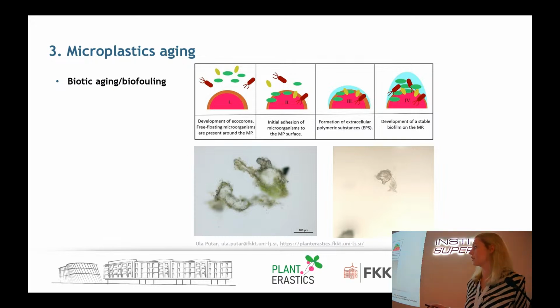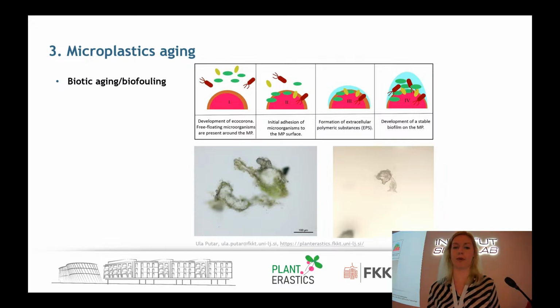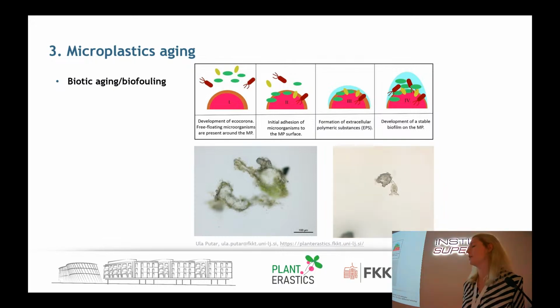and in the end you get a quite stable biofilm. Here you can see a picture from the optical microscope. We have a very irregularly shaped, I think this was polyethylene, particle, and then a lot of microorganisms attaching on the surface. Here in green, these are algae, but also some bacteria, of course, were present. But not only microorganisms, higher organisms also, like here you have a rotifer attached.